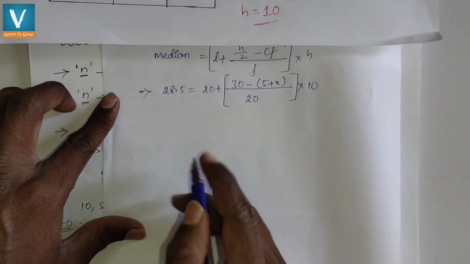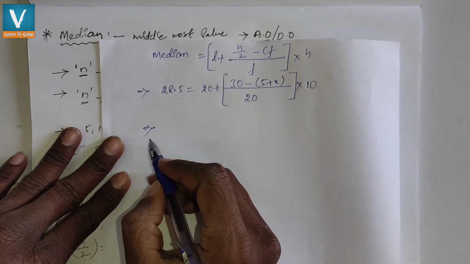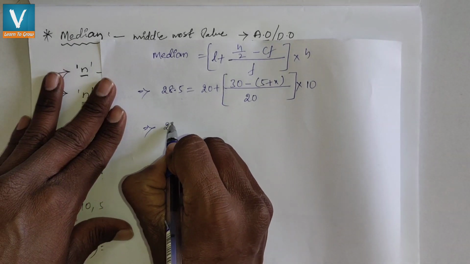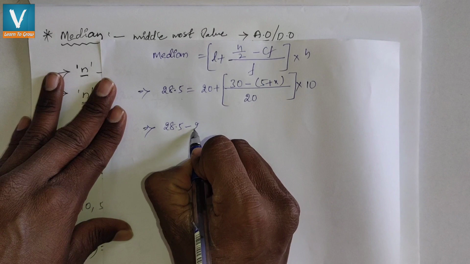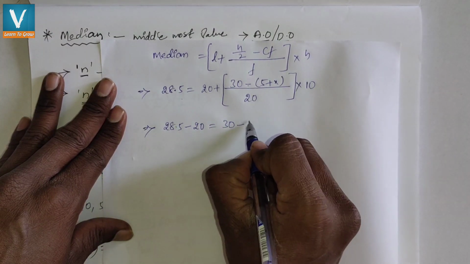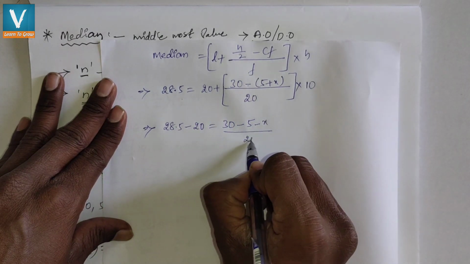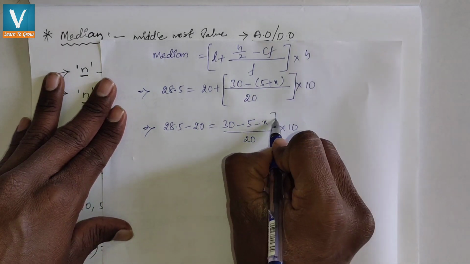Okay, I replaced all the values in the formula. Now check it carefully here. If you transpose, the plus becomes minus. So 28.5 minus 20 is equal to 30 minus 5 minus x by 20 into 10.